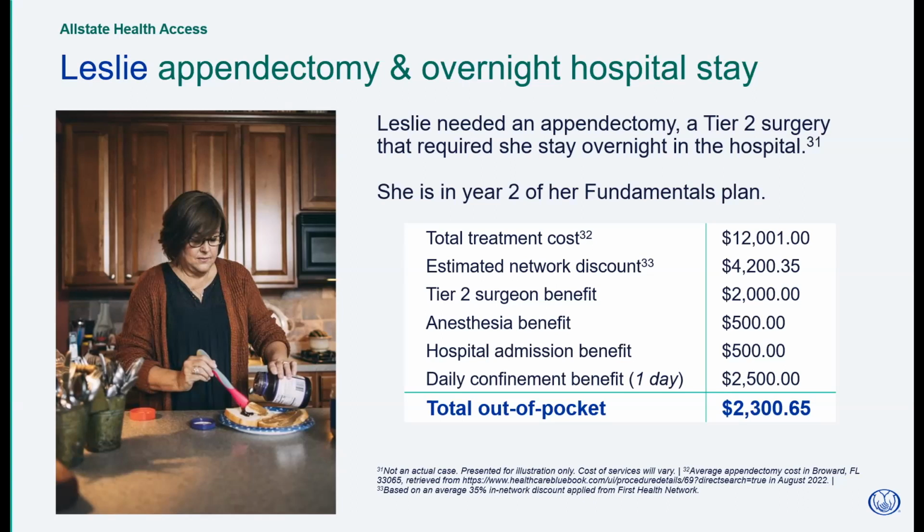And that is because she is in the second year of her plan. If she was in the first year of her plan, that benefit would have only been $2,000, but she was in the second year of her plan. Her total out-of-pocket was reduced to $2,300.65, which is an 81% discount.